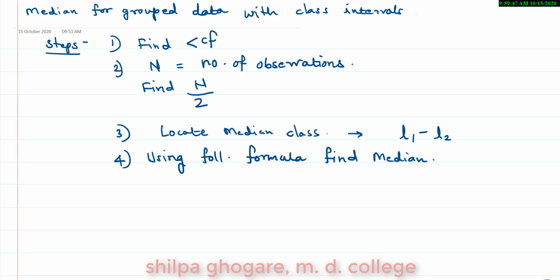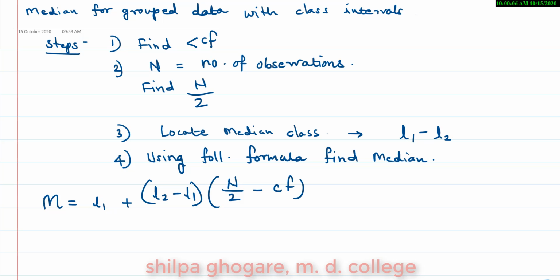Now the formula is, you all know that the notation for median is capital M. M equals L1 plus L2 minus L1, into N by 2 minus Cf, and the second part is divided by f. This is the formula for median.